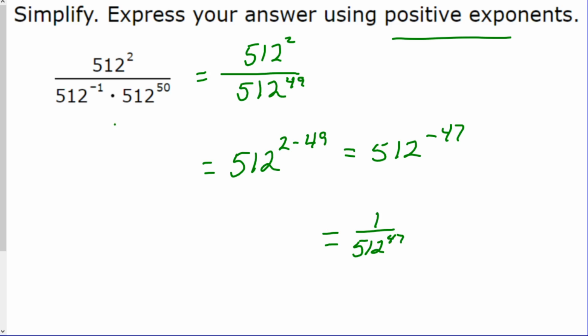So again, all this can be simplified as long as the bases are the same. Okay, when we get to Math 1 and Math 2, we'll do some where the bases are not the same. But the rules won't change. The ones where they are the same, we're going to do the same thing to them we've been doing.